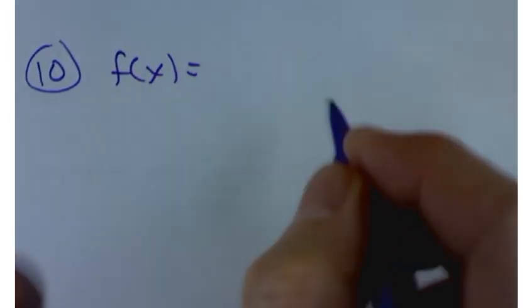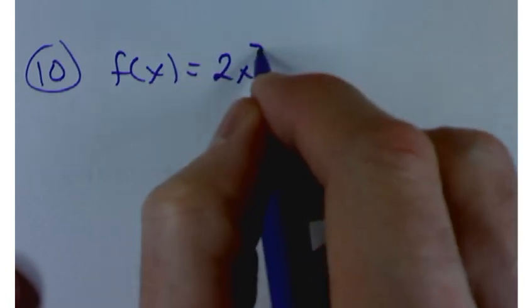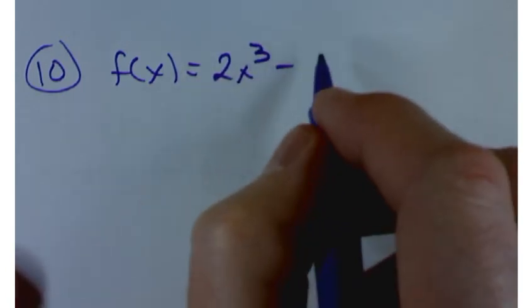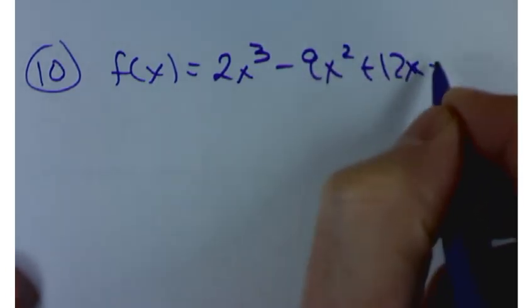Problem 10 gives us this function. F of x is 2x cubed minus 9x squared plus 12x minus 3.